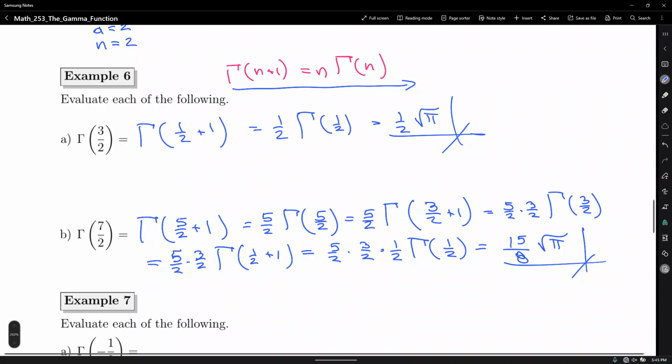If you're wondering, is there a derivation for gamma of a third or gamma of a fourth? No, there is no derivation to date. I've been looking everywhere to see if there's something related, and I can't find it. Although you can look at tables of values or just a gamma function calculator online, but it's going to give you a decimal.